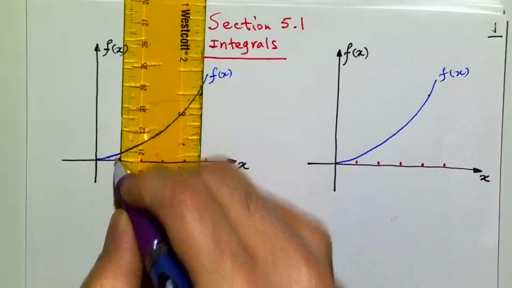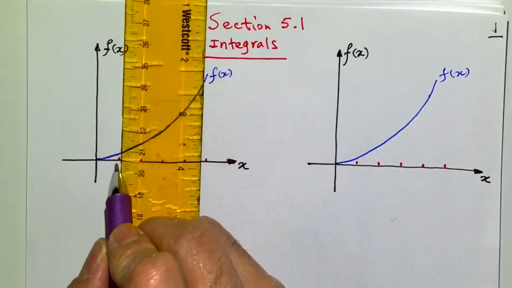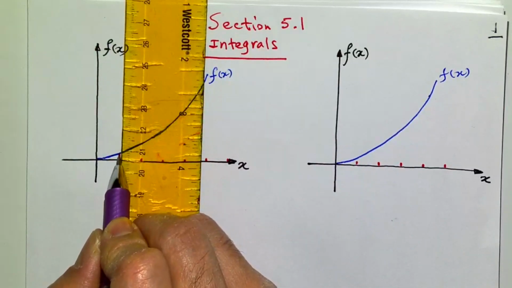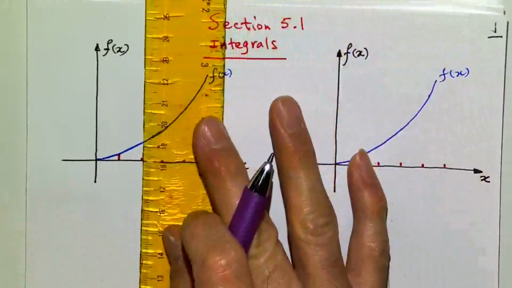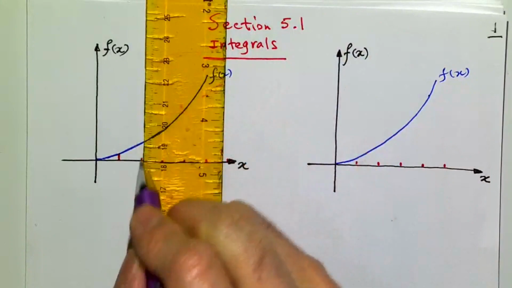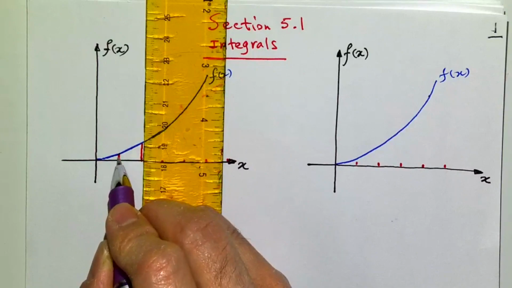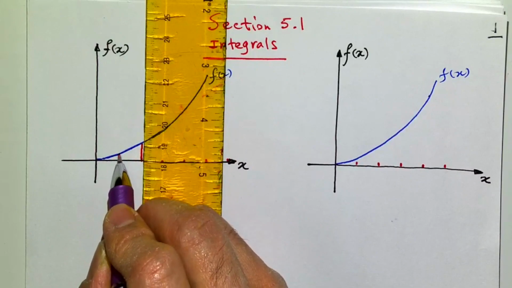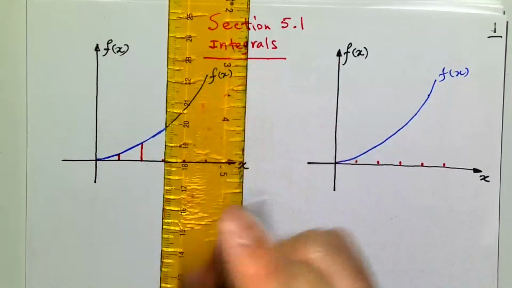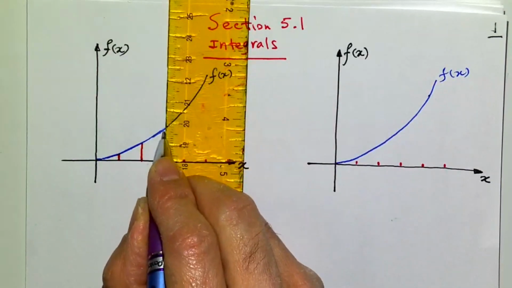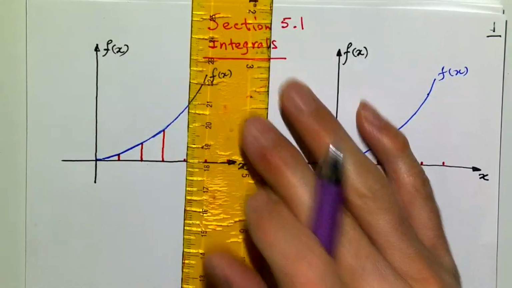So in this figure, I'm going to use the right corner of each rectangle to form my rectangle. In other words, notice that for this rectangle, the right corner is on the curve, right? I'm going to keep that pattern. I'm going to make sure that the right corner of each rectangle is on the curve.